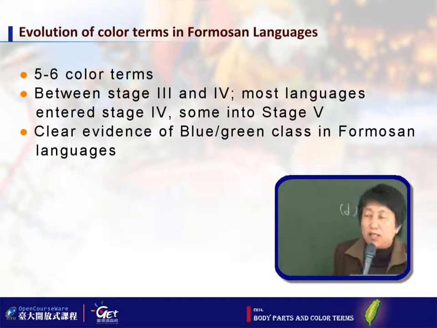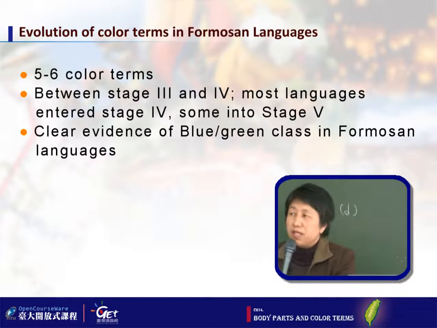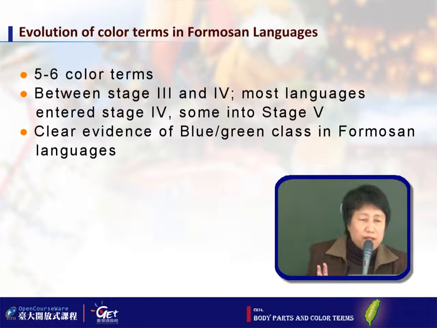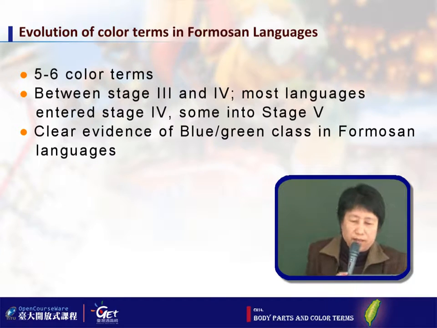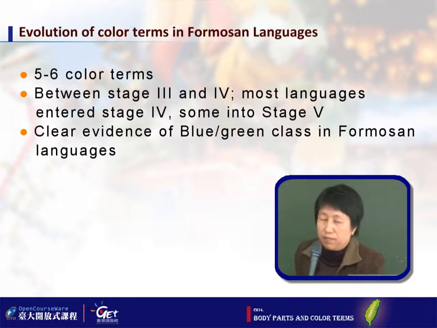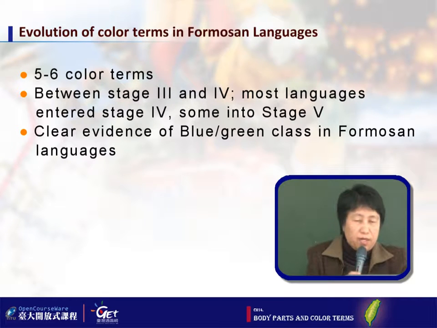Okay, and there's clear evidence of a blue and green class in Formosan languages. That is, this is combined as one term. Just like the survey done for the 110 languages, that blue and green combination is the major type of the color term.